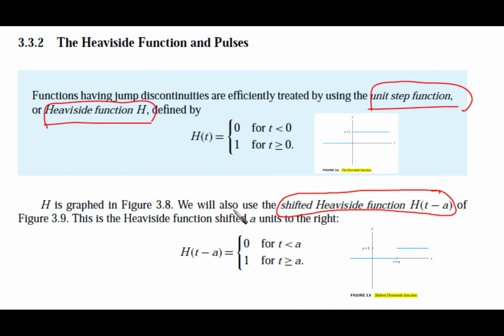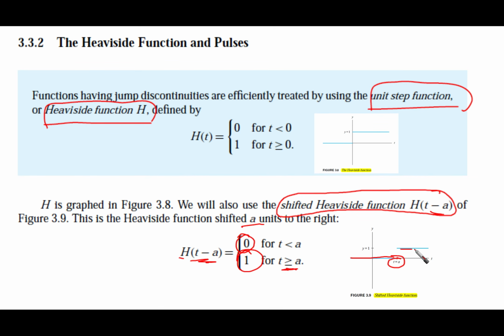Another one is the shifted Heaviside function, h of t minus a, which is the Heaviside function shifted a units to the right. So h of t minus a is equal to 0 for t less than a, which is here, this is 0, 0, 0 until t equals a, and then it equals 1 for t larger than or equal to a.